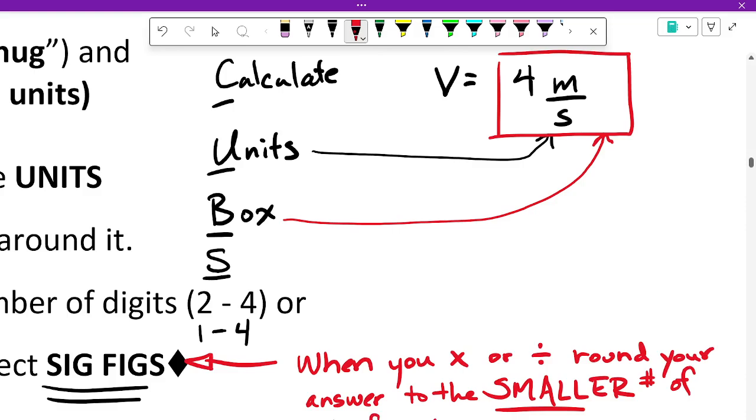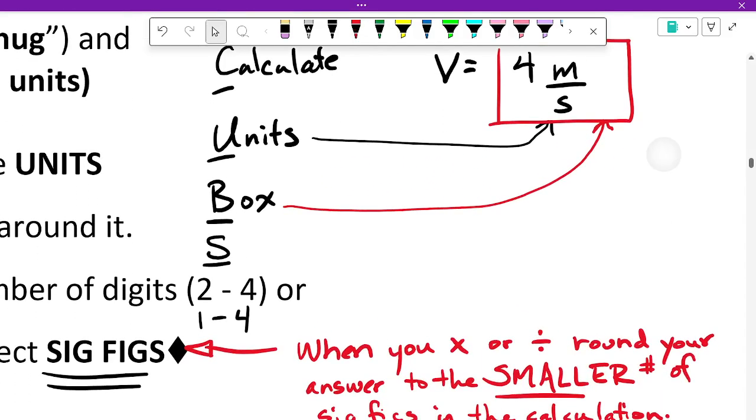I should say in the calculation. Now, if you don't remember what sig figs are, don't worry about doing this. But I'll review for you just in case you want it, okay?